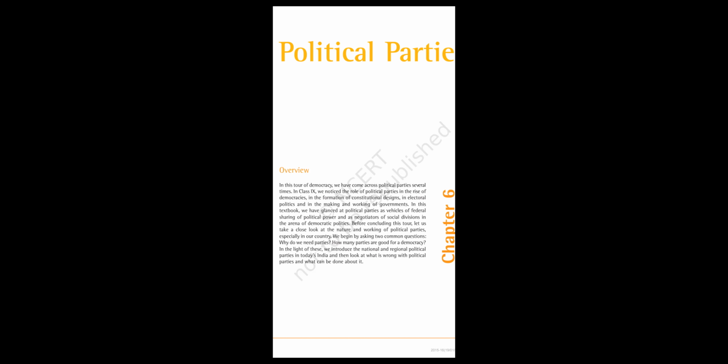In which the power is divided between the different organs of the government. That is, what are the different organs of the government? Abhishek, what are the different organs of the government?